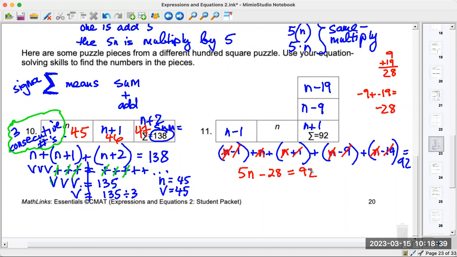Okay, now draw a line through the equal sign. This is our fulcrum, our scale. Yeah, left side, right side. Whatever you do to one side, you have to do to the other side. And you always do the opposite. You're going to move the 28 over to this side by adding it to both sides.